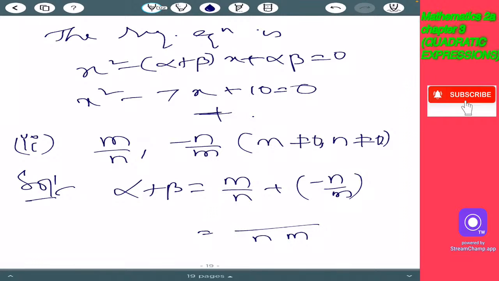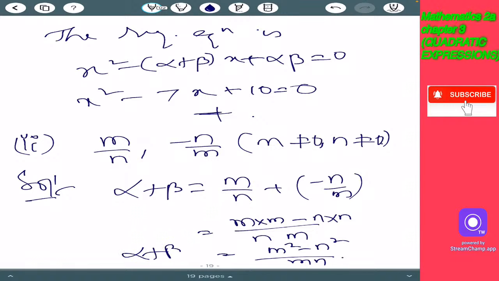So the LCM is nm. How many times does n go in nm to get nm, that is m times. So m into m, that is m square. Minus into plus, minus n into n. So m square minus n square divided by mn. Now this is your alpha plus beta.